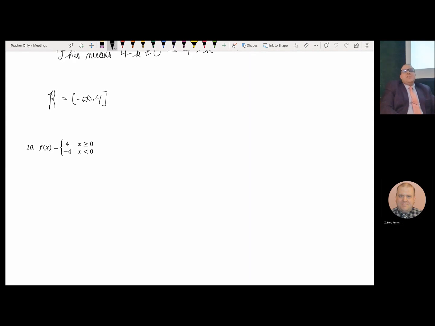Which means this range is easy. What's the range of the function? All right, so what are the possible outputs? Negative 4 and 4. Yep, that's it. That's your range.